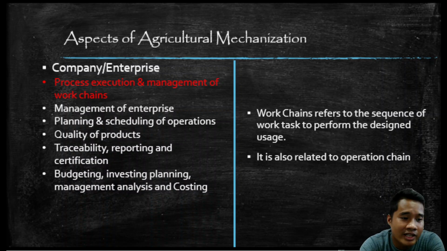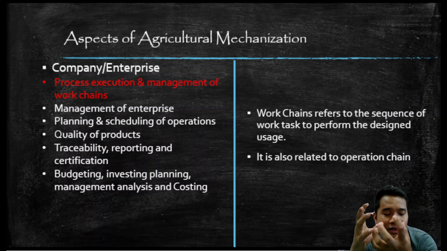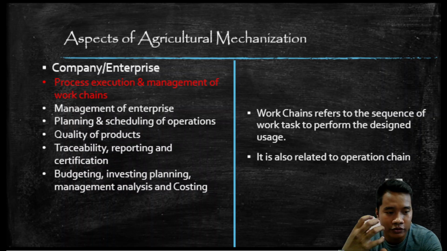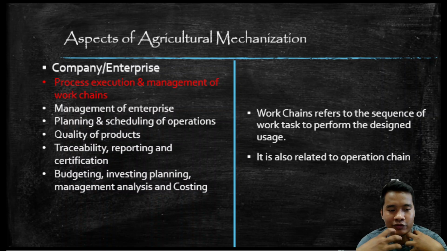Okay, work chains refers to the sequence of work tasks to perform the designed usage. Okay, before, machinery is designed to have a sequence of different works. Okay, with different work tasks.